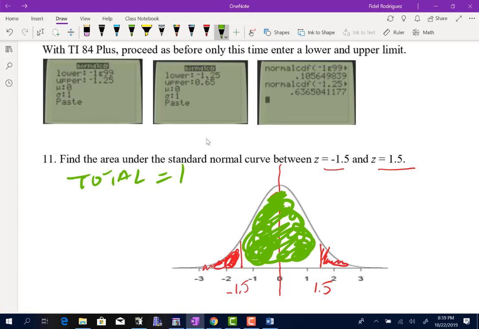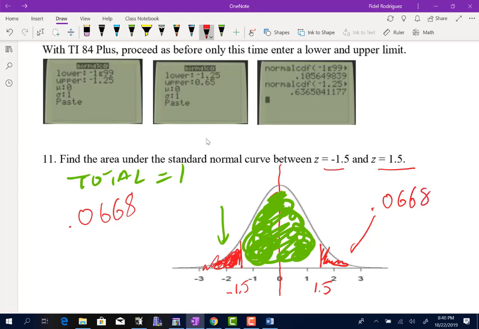Okay, did anybody using a table figure out the area in the red, that to the left of negative 1.5? 0.0668, like this? Okay, guys, let me ask you a question. If this area in the red right here is 0.0668, do you think this area is also going to be 0.0668?